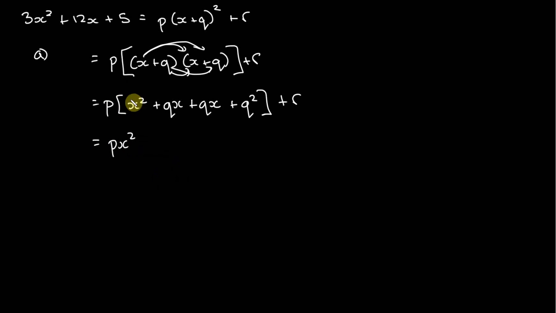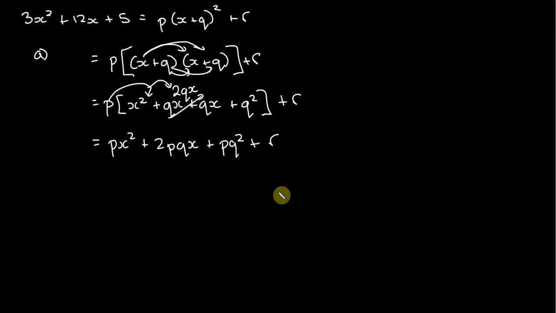We have two qx terms, which we can simplify as 2qx, and when we distribute this p, we end up with plus 2pqx, plus pq squared, and then our unknown variable r.